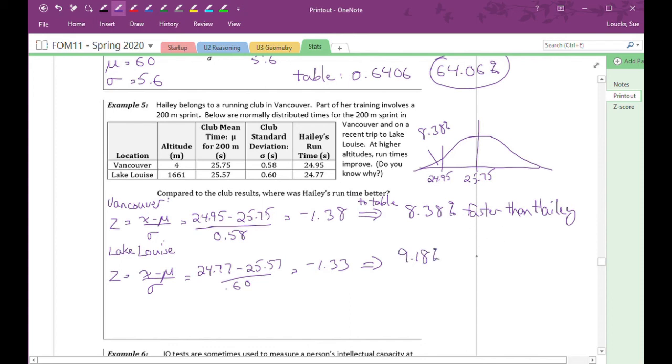So in Lake Louise, 9.18% were faster than Haley. So she did better in Vancouver because fewer people ran faster than she did.